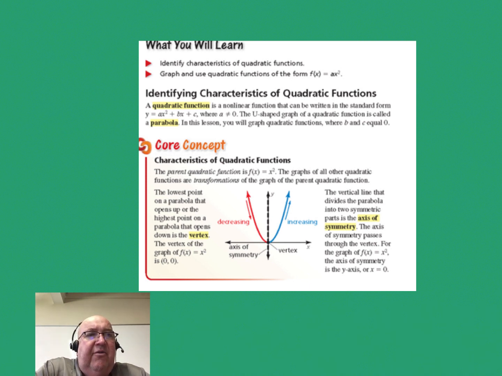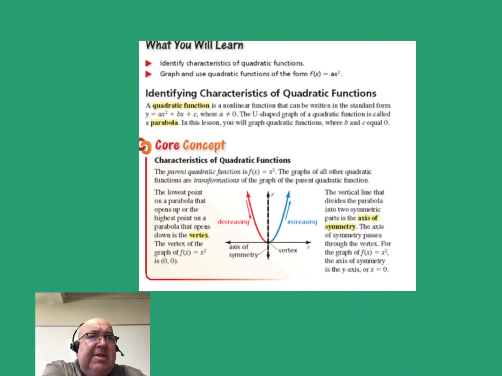Quadratic functions form a parabola, and it's just like a big U shape, like a satellite dish. They have some characteristics. First off, they have a vertex. The vertex is going to contain the x value for the axis of symmetry, meaning that what's on the left side and the right side are exactly the same.